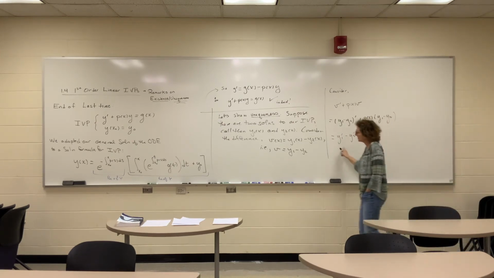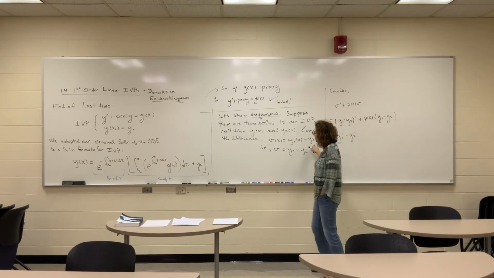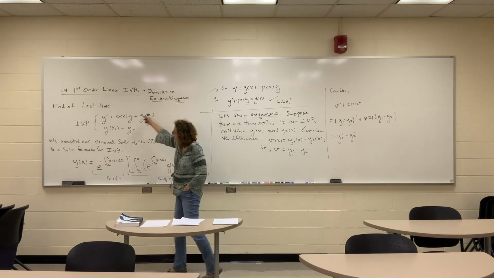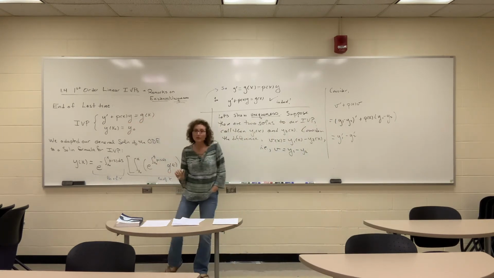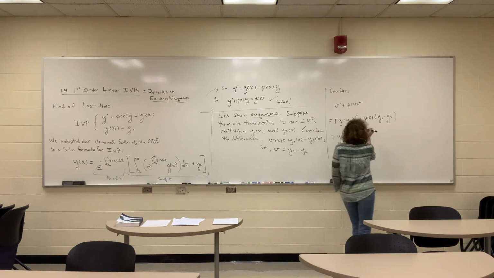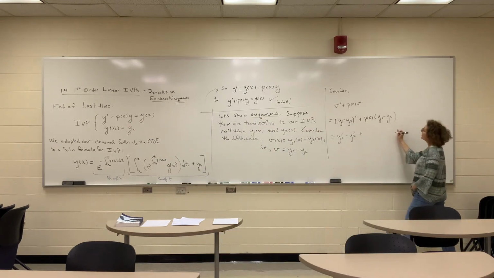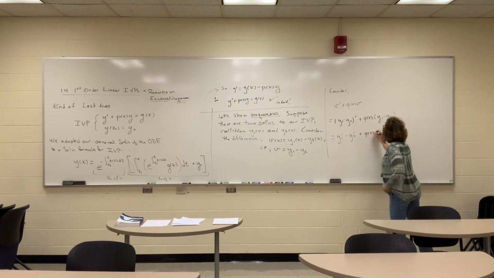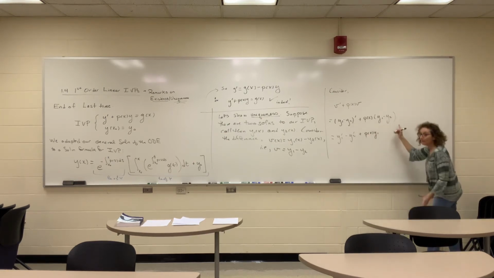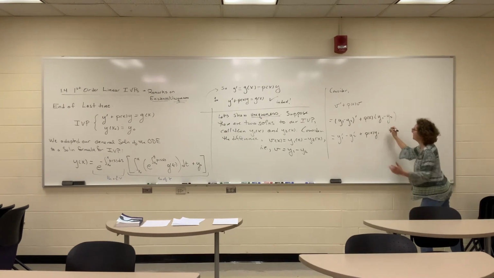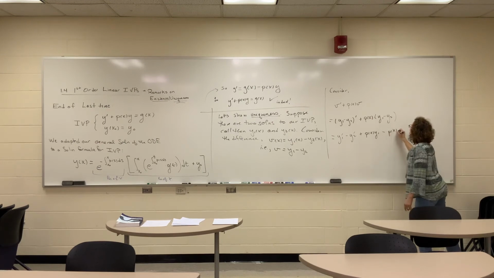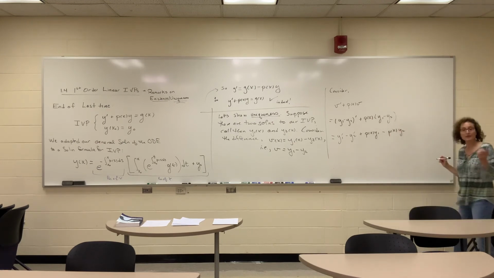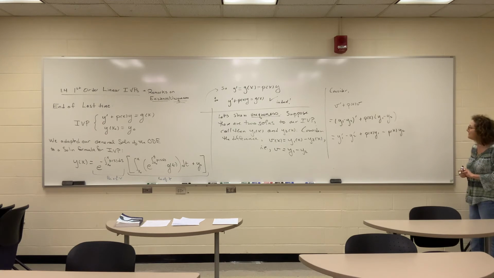You know those derivatives exist because you knew that y1 and y2 solve this initial value problem, and so therefore the derivative had to exist. Okay, plus what? Distributive law, p of x times y1, minus p of x times y2. So that's v prime plus p of x times v.